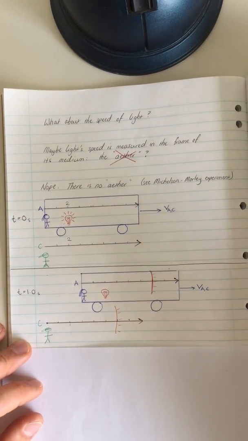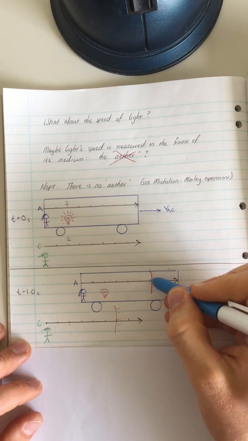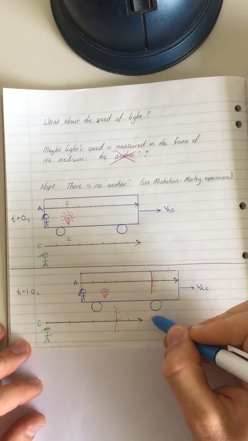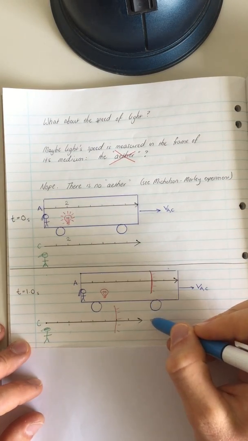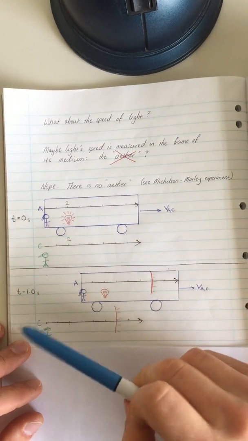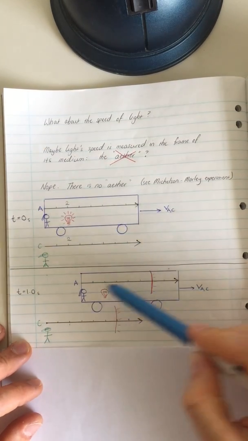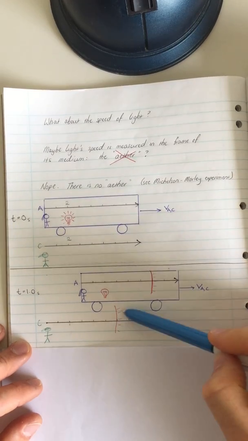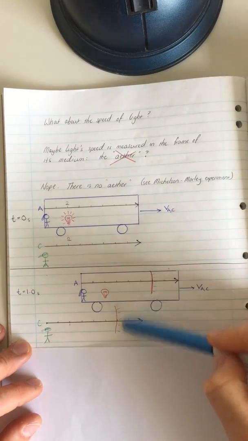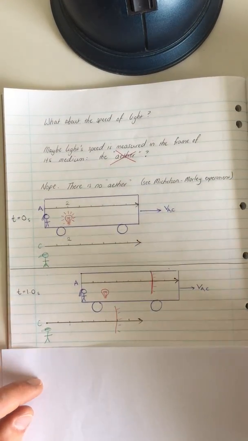Whereas when we were talking about a ball, if the ball was here for person A, then that meant the ball was here for person C. But in the case of light, we're saying that at the same time, the light is here for person A, and the light is here for person C. That's crazy.